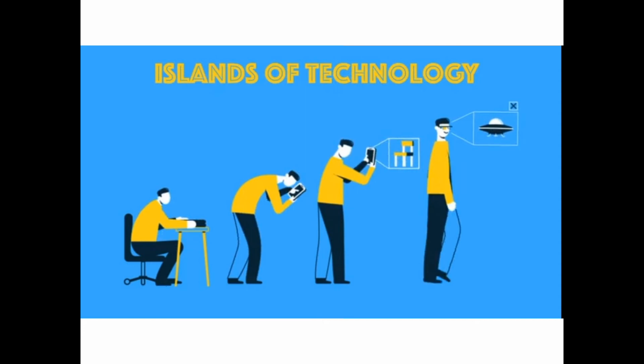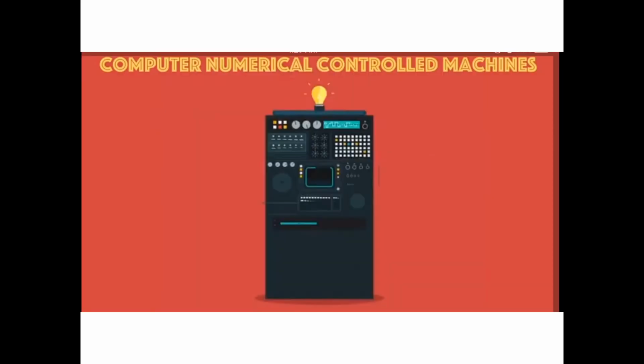Then we have computer numerical controlled machines. They reduce the complexity of the physical layout. They are arranged to produce an entire part from start to finish.